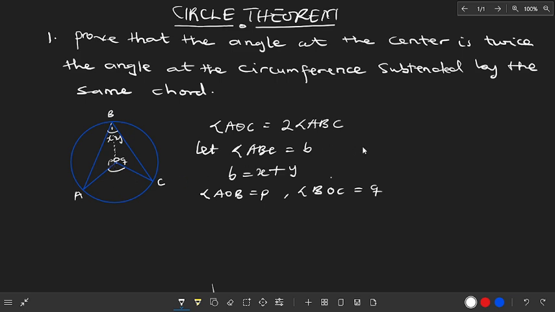Now let's denote the angle at the center, AOC, as A.